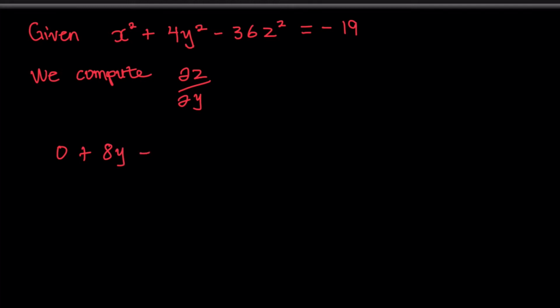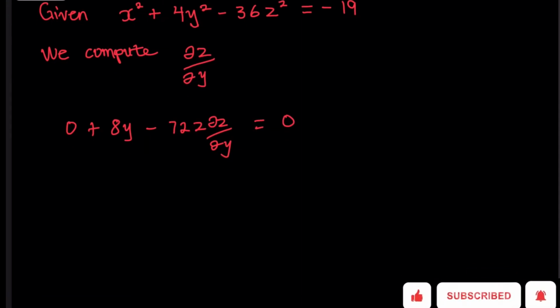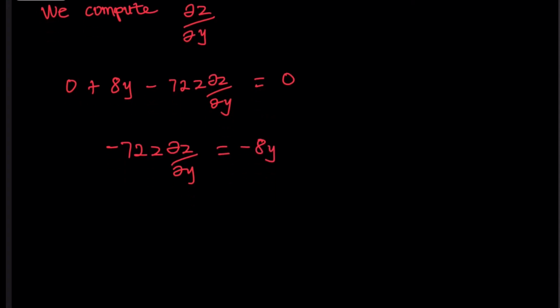Then minus, we differentiate 36z squared with respect to y using implicit differentiation. That's going to give us minus 72z ∂z/∂y, and 19 is a constant, so that's going to give us 0. So grouping terms gives minus 72z ∂z/∂y is equal to minus 8y.